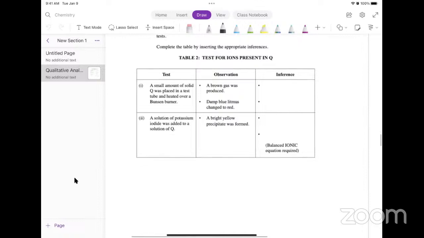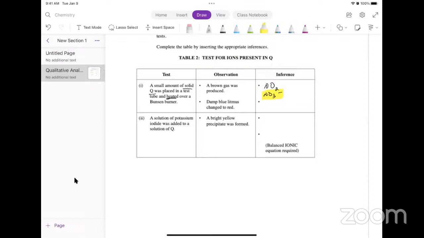Again, it's heat. Again, it's a solid. Again, it's nitrogen dioxide, meaning that it shows the presence of the nitrate ion. So we have that sorted out already. But we cannot be too quick to jump to conclusions because it says that it changes damp blue litmus paper red.